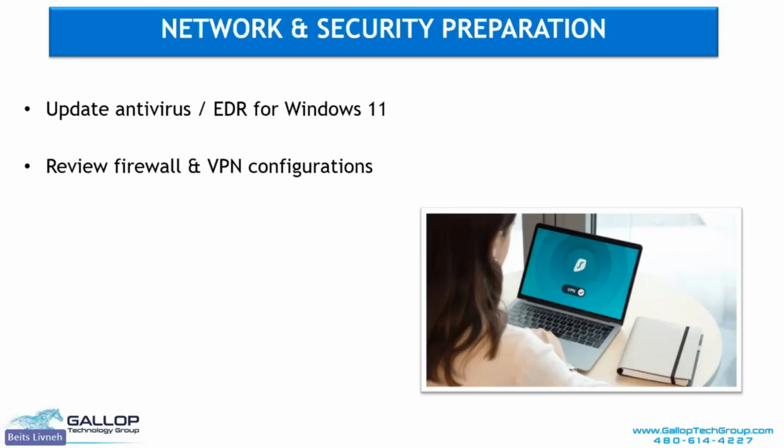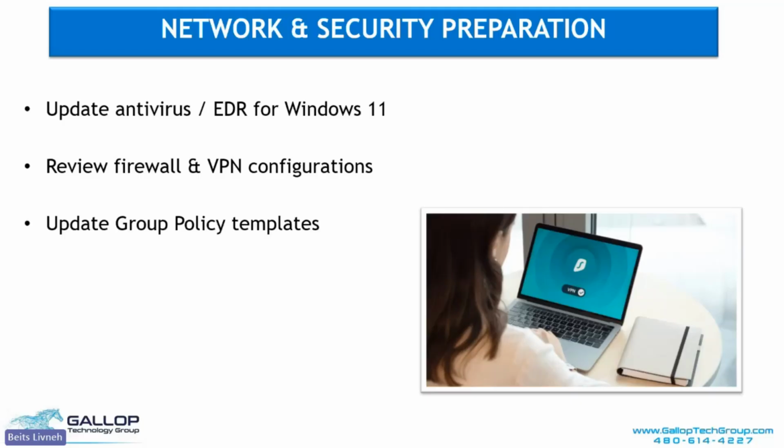We did run into some cases where there were old firewalls in the office, and the VPN, virtual private network connection, that those employees are using in order to connect remotely from home to the office, those firewalls were so out of date that the VPN software that they used is not compatible with Windows 11, which is really rare, but it happens. So you want to check that as well, a little check mark for your checklist.